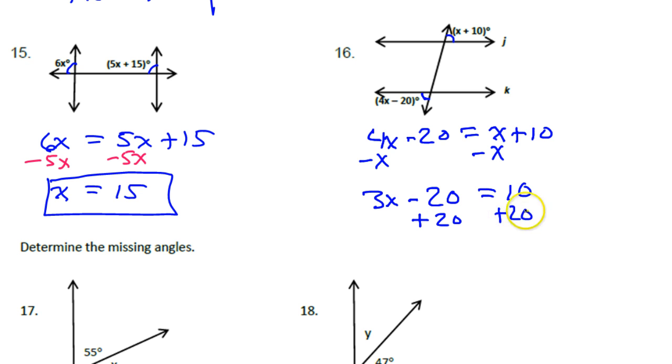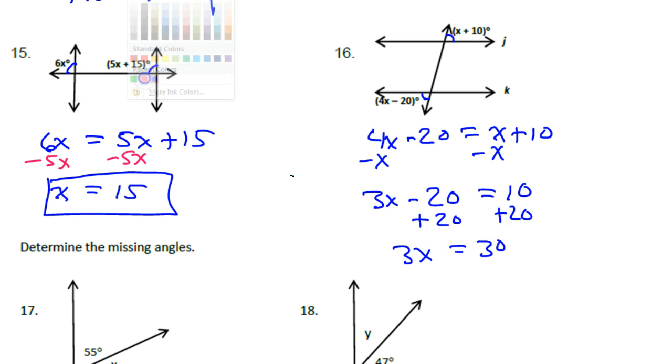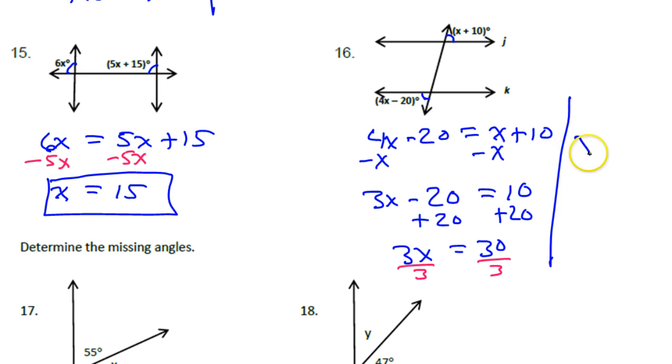Add 20 to both sides. Okay, so that's going to give me 3x equals 30. Divide both sides by 3. So x is equal to 10. So that's it for number 16.